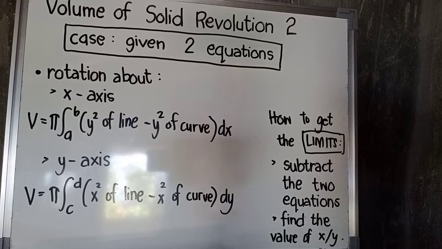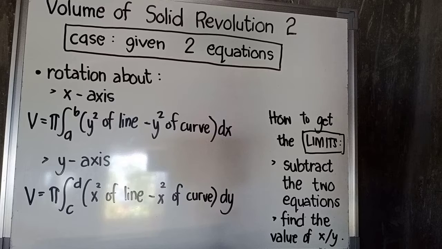So dun sa two equations na yon, it could be a curve and a line or two curves na mas mataas yung degree nung isa. So ito na yung general guidelines natin kapag magko-compute tayo ng volume ng solid revolution dun sa ating case, and this case na dinidiscuss natin.